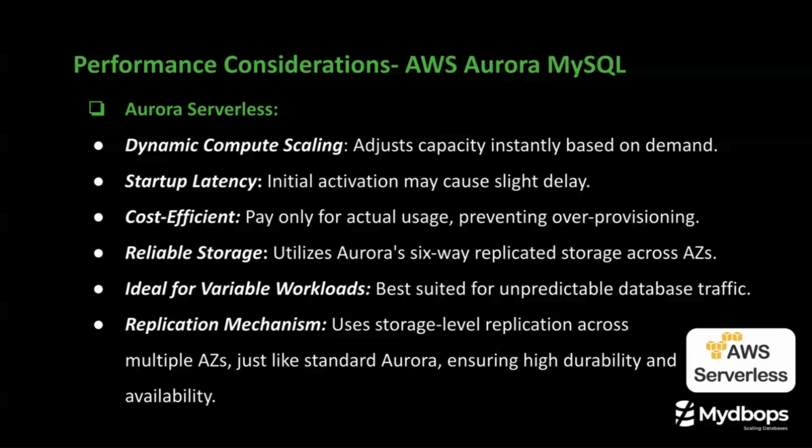Instead, it uses storage level replication across AZs, just like standard Aurora, to ensure seamless data availability even if an instance fails. So, Aurora Serverless is a great choice for applications with unpredictable traffic, such as development environments, SaaS applications, or infrequent workloads.